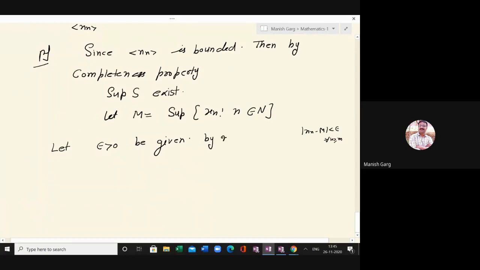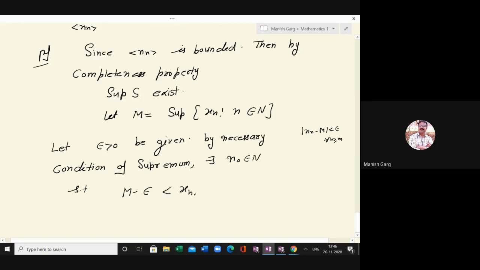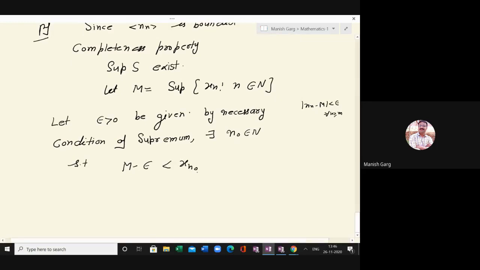So by the necessary condition of supremum, there exists a natural number n naught such that M minus epsilon, if you subtract any positive quantity, there must exist at least one Xn naught which is greater than M minus epsilon. This is the necessary condition of supremum.